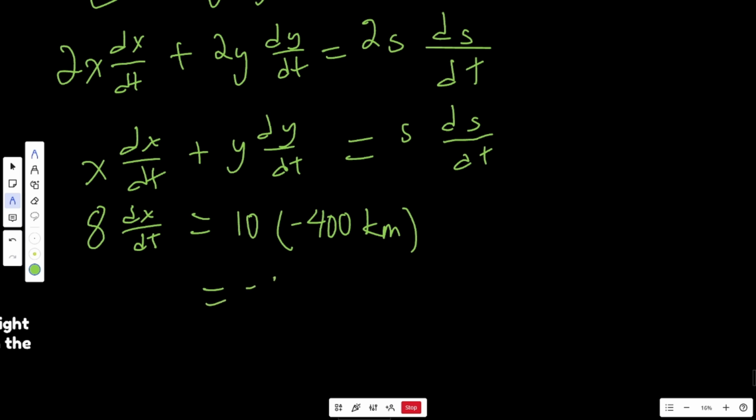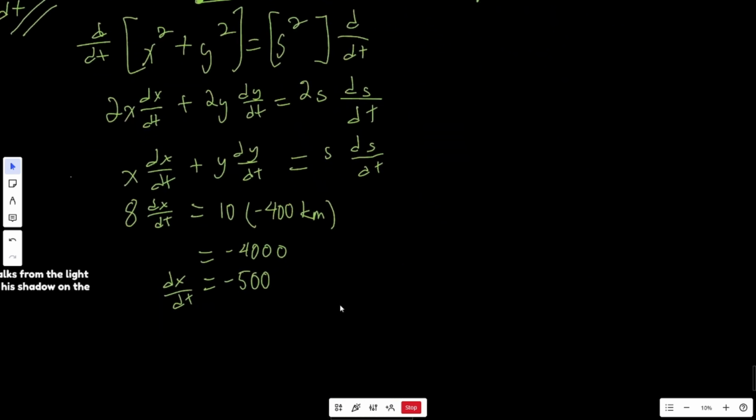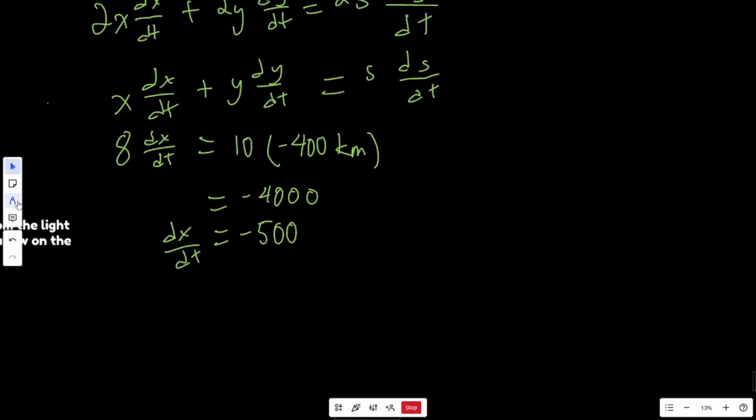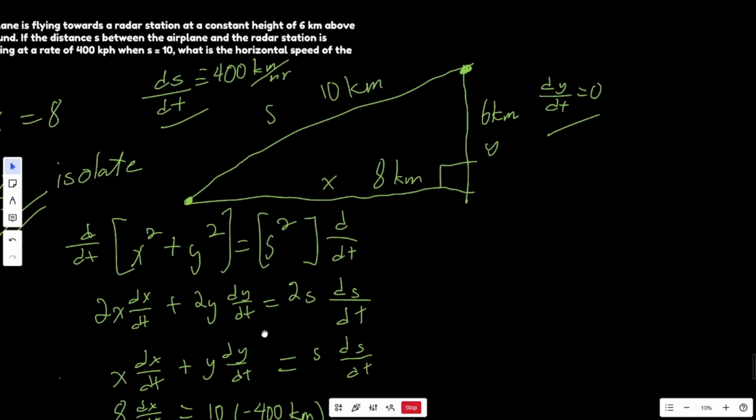Negative 4,000 divided by 8 is equal to negative 500, and this is our dx over dt. Now what's our unit? According to the given rate, it was kilometers per hour. So our horizontal speed when s is equal to 10 kilometers is negative 500 kilometers per hour.